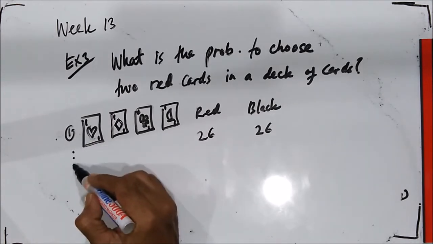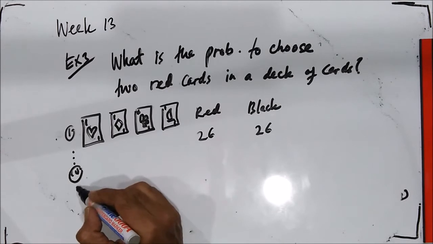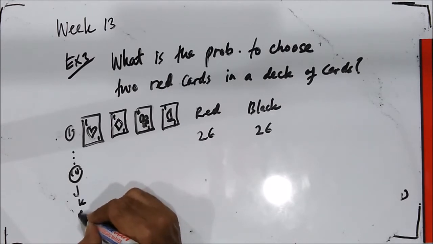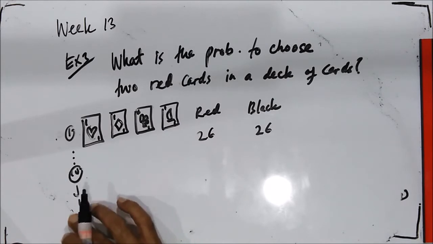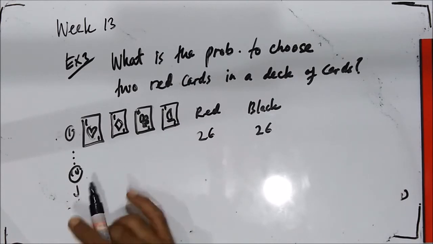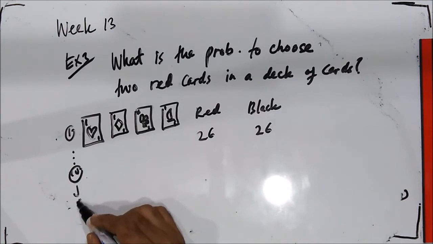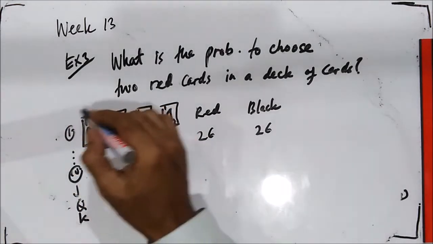So there is number 1 up to number 10. Then you have J, Q, K. Okay. And in this card, there are 2 groups here.